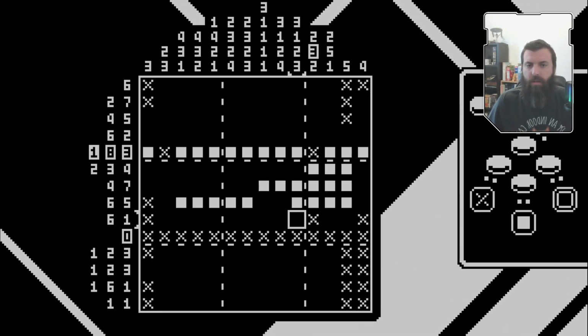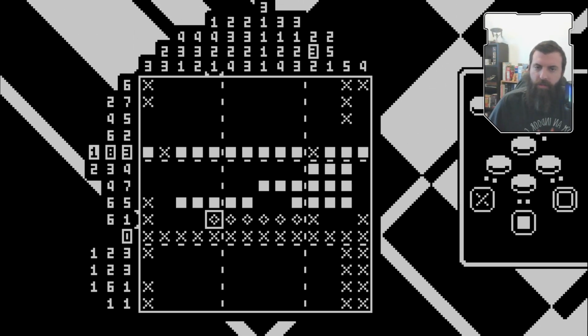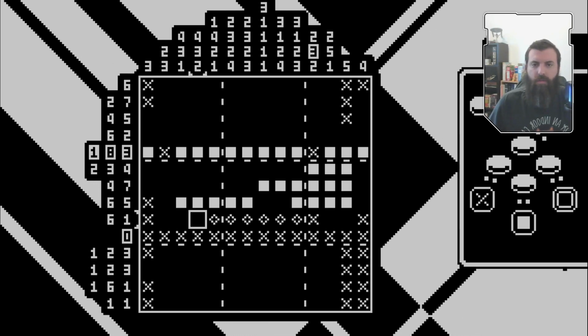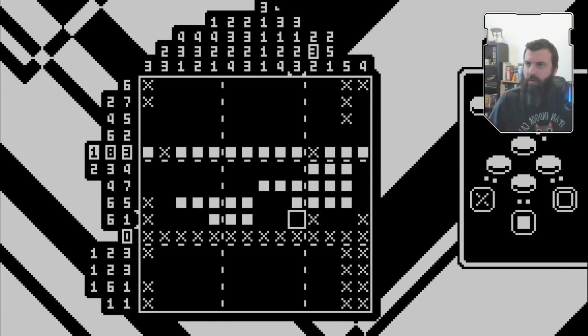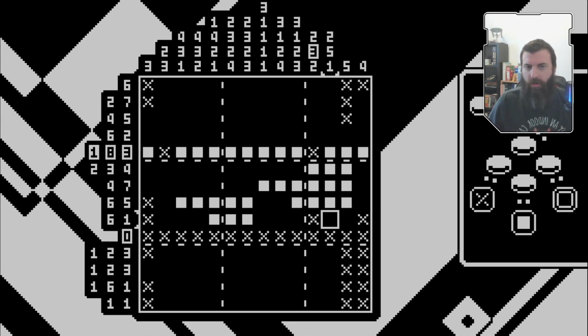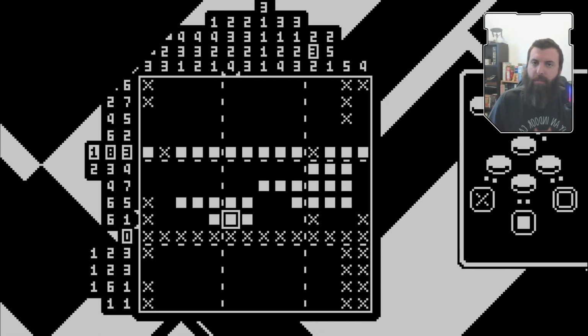Let's imagine that our horizontal 6 that we need, 1, 2, 3, 4, 5, 6, or 1, 3, 4, 5, 6. Still room for the 1 to also be in here, or the 1 could be over here, we don't know, but these 3 pixels have to be filled in by the 6.